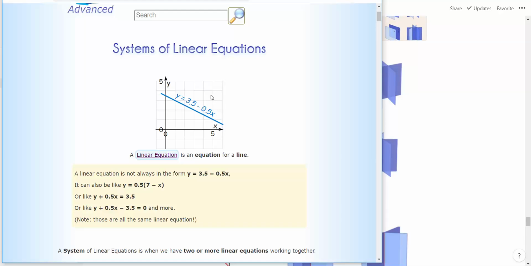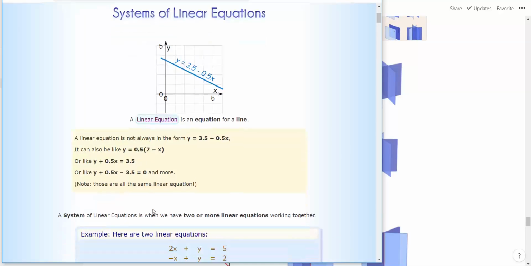So a linear equation is not always in the same form. It can also be in this form or this form and more. Now, these are all the same linear equations. As long as the variable is not to the power of something, then you're good. You're in the good linear equation realm.